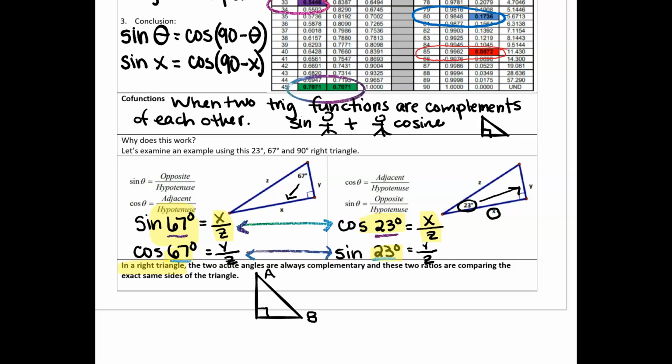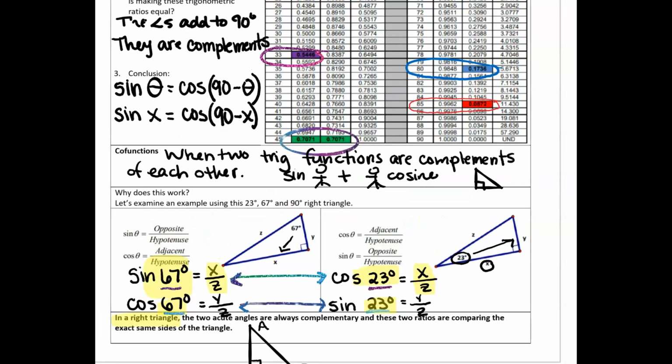And these two ratios are comparing the exact same sides of a triangle. So that is the big picture. They're complements. This is what you need to know before we move on to the problems. Now, sometimes it'll use theta, sometimes it'll use x. You've got to know that they are complementary.